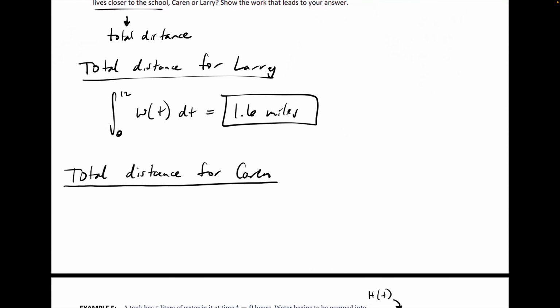You should get 1.6. Okay. So Larry's total trip was 1.6 miles.